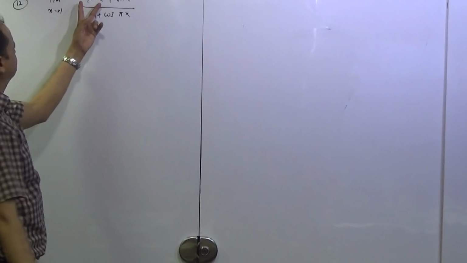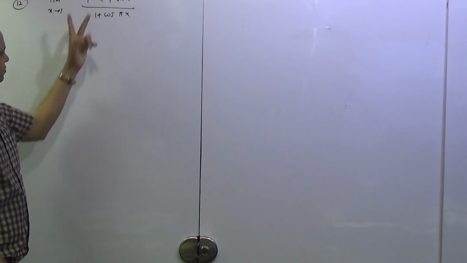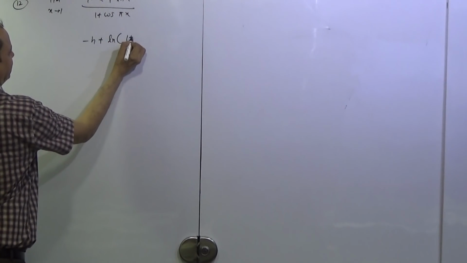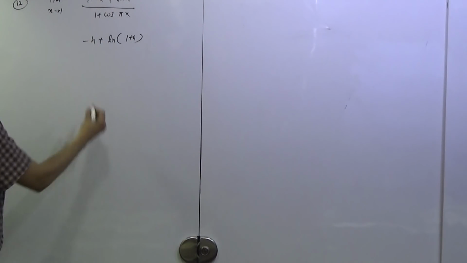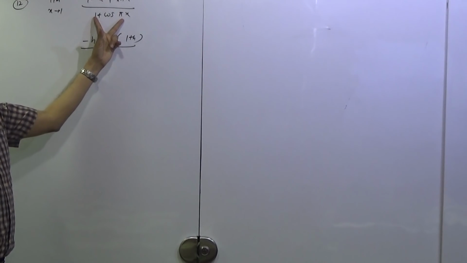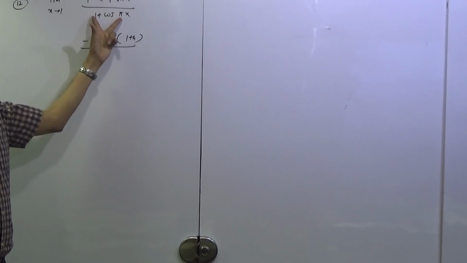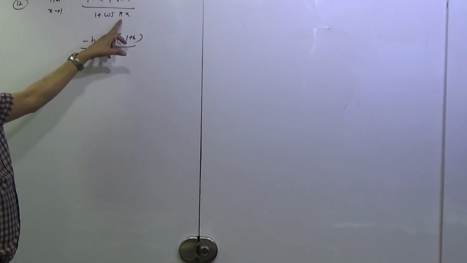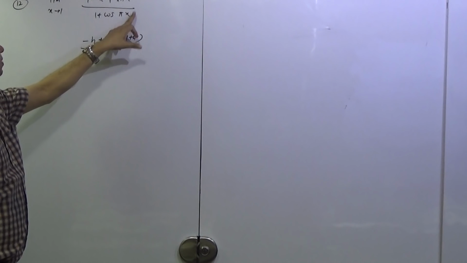This will be minus h, and ln of 1 plus h, divided by, this is something very common we have done many times in class, cos of pi plus pi h.